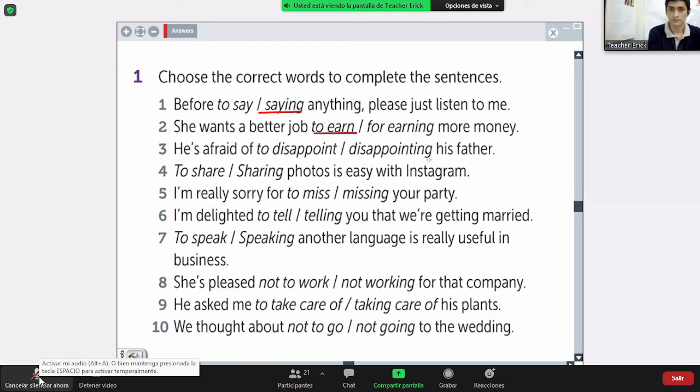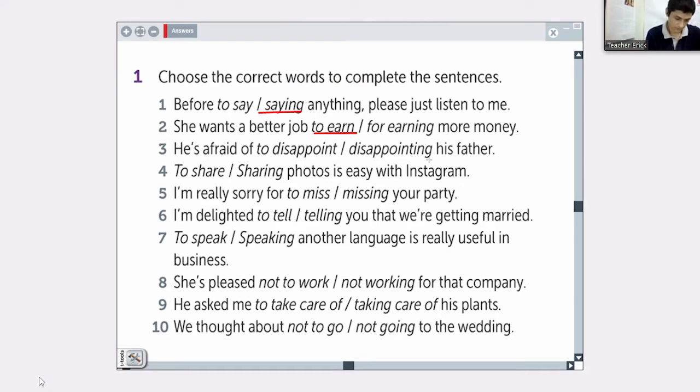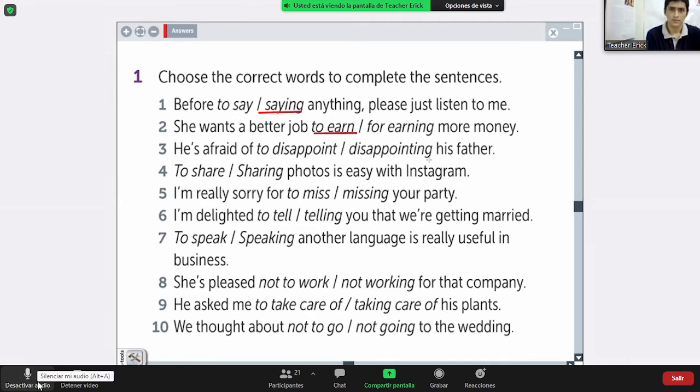He's afraid of to disappointing or disappointing. Disappointing. Why? Because the preposition. Preposition, right? Of is a preposition.